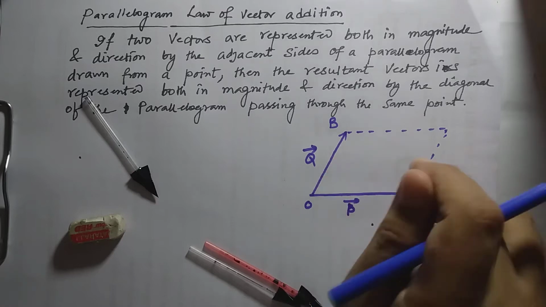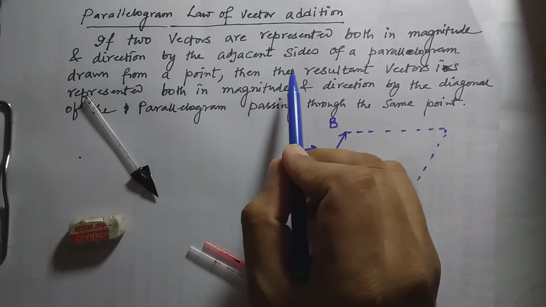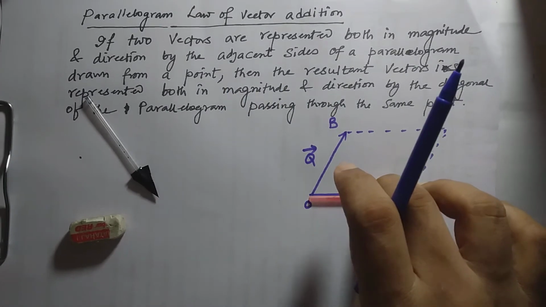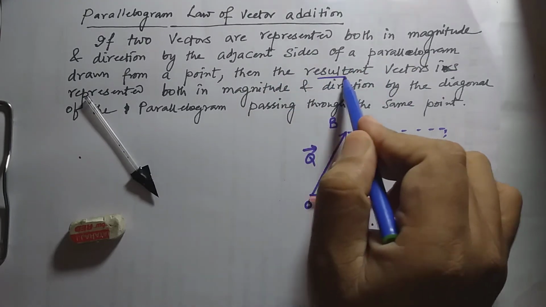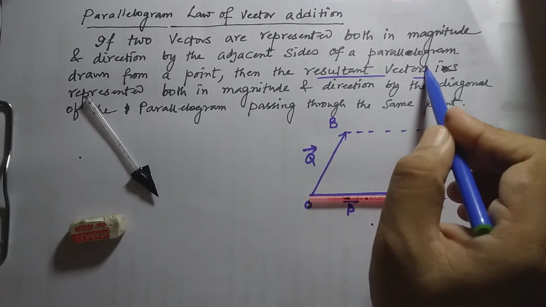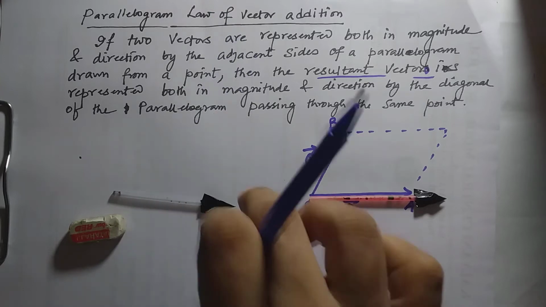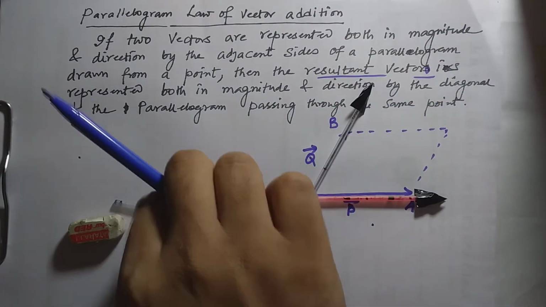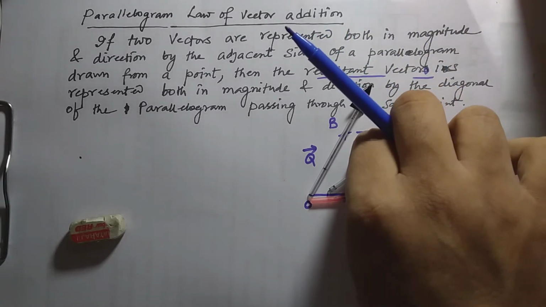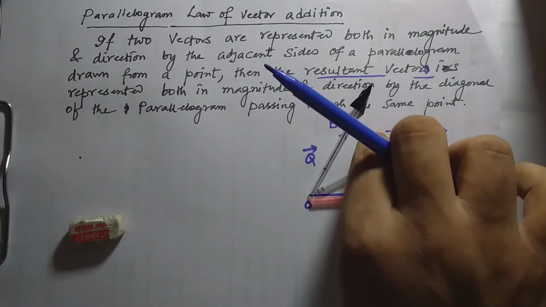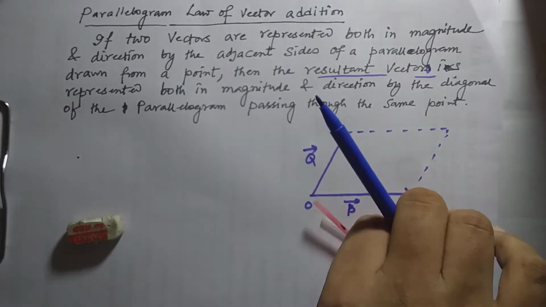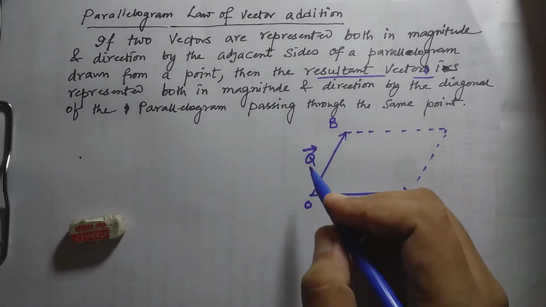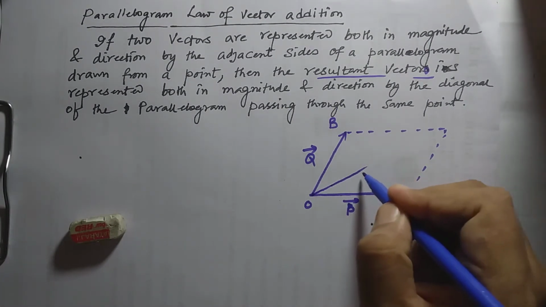Then the resultant vector will be represented both in magnitude and direction by the diagonal of the parallelogram. This is the diagonal of the parallelogram. So this is your resultant vector.